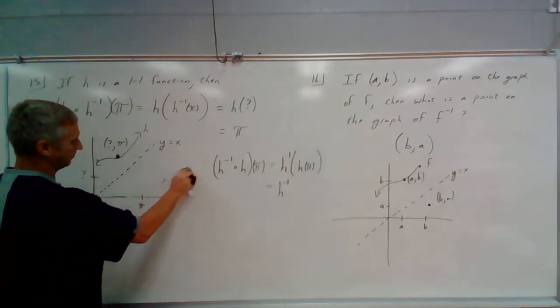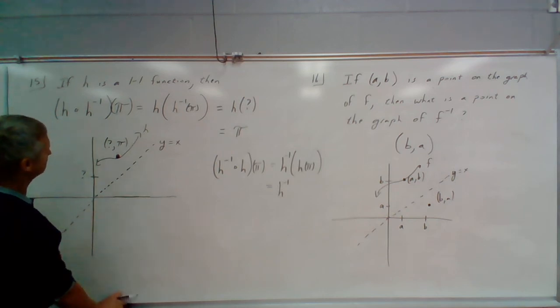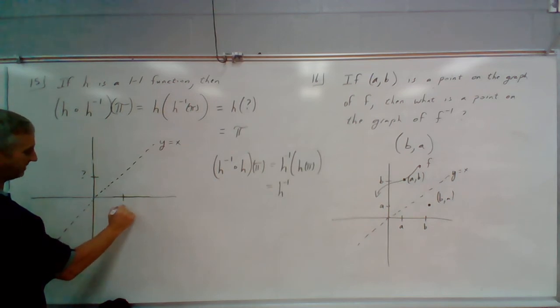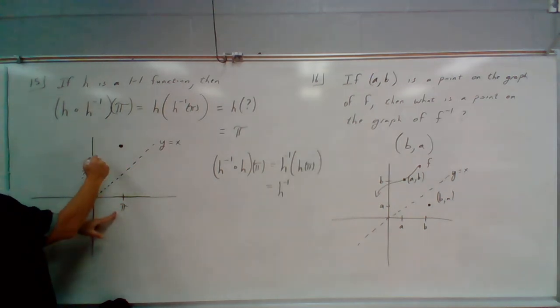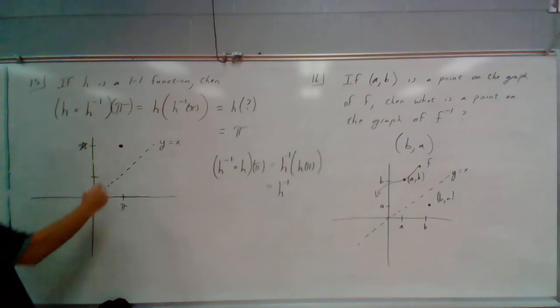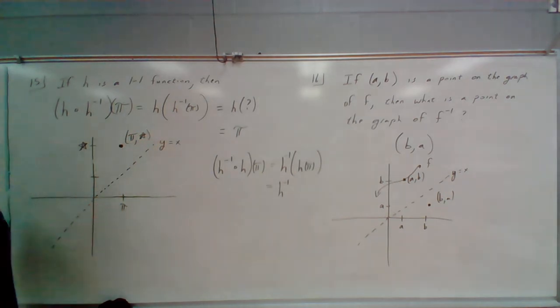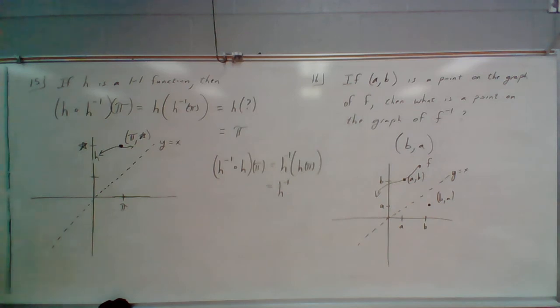So let's just pretend that we plug in pi to h. We'll get some point. Let's say that we get out star. So we plug in pi and we get out star. So this point is (pi, star), and this function is h.